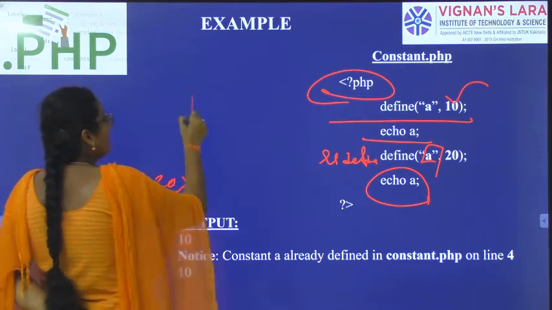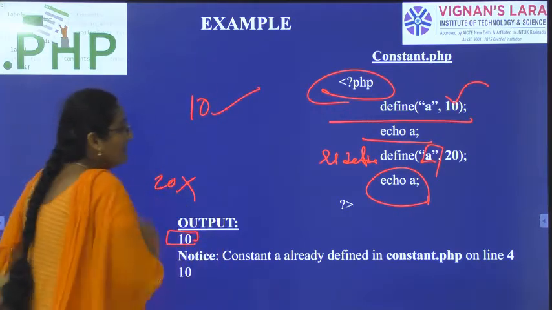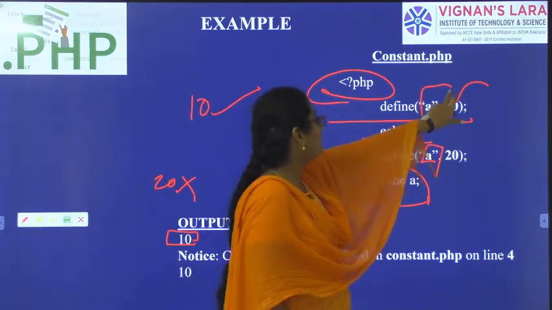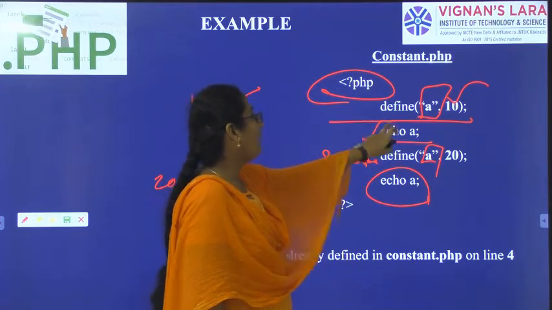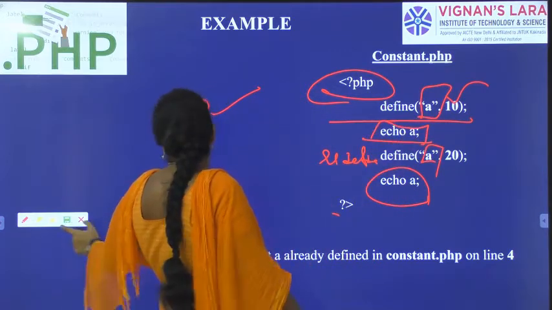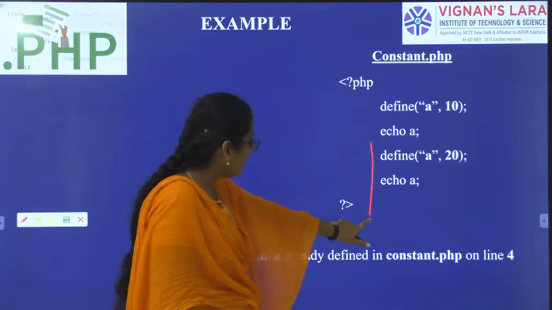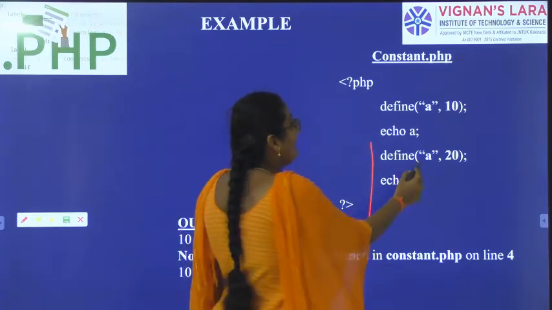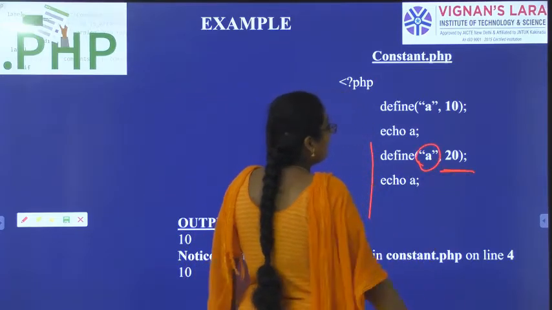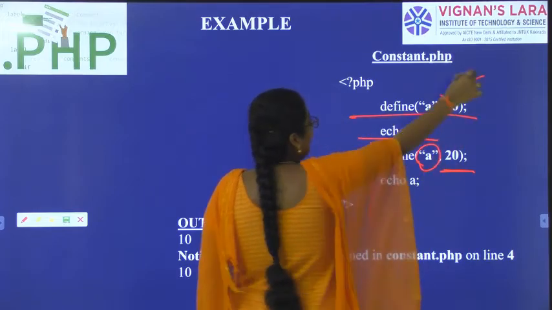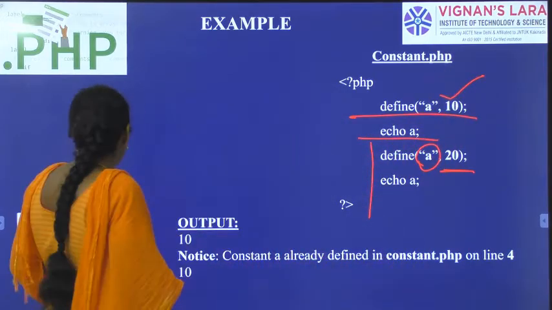It will always print only the previous value 10. Once you have given the value 10 for A and you have printed A also, then however many times you redefine it, A value will not change to 20. Always A value will be 10 only because initially A value is 10.